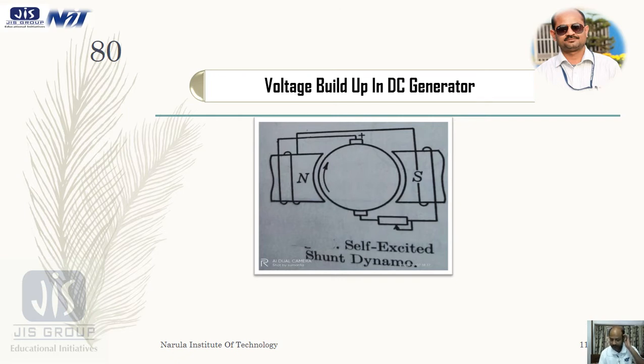So when the shunt field winding of a DC generator is connected across its own armature terminal, the way shown in this figure, a small voltage due to residual magnetism is impressed across its field.